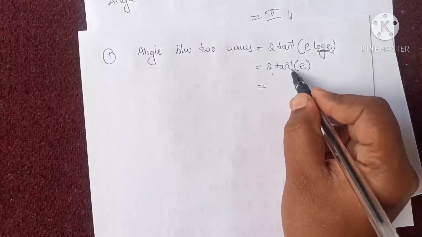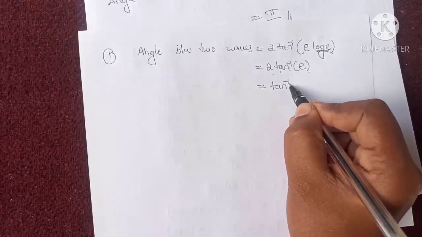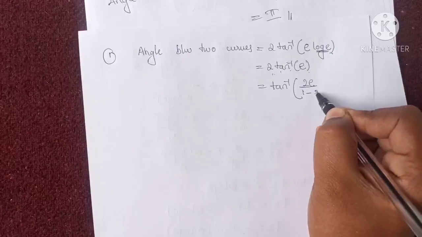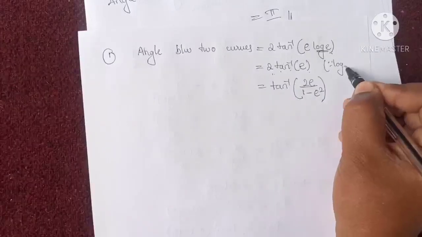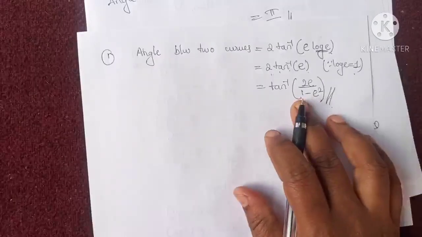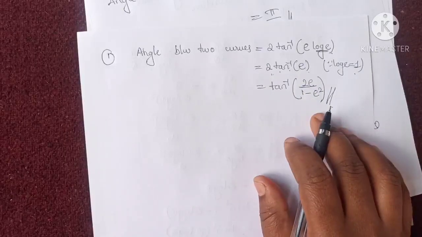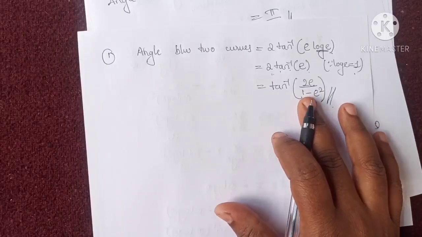So 2 tan inverse of theta equals tan inverse of 2 theta divided by 1 minus theta square, which is e square. Here we write log e equals 1. Therefore the angle between the two curves is tan inverse of 2e divided by 1 minus e square. Okay, so like this we have to remove theta by using the given two curves.